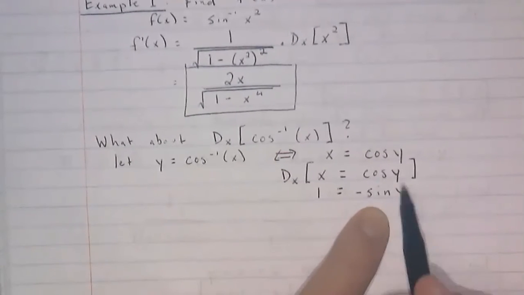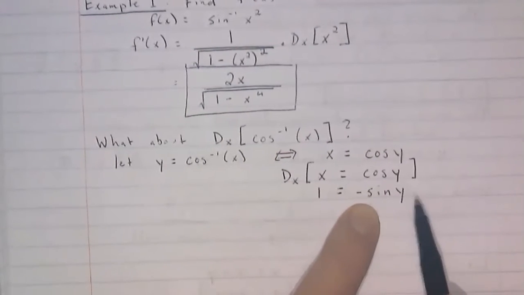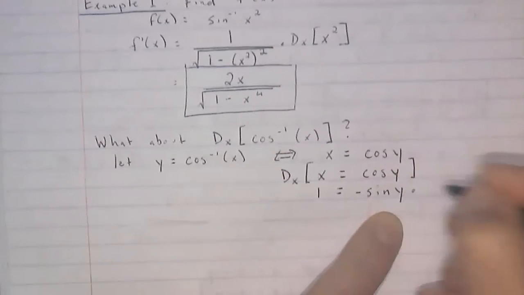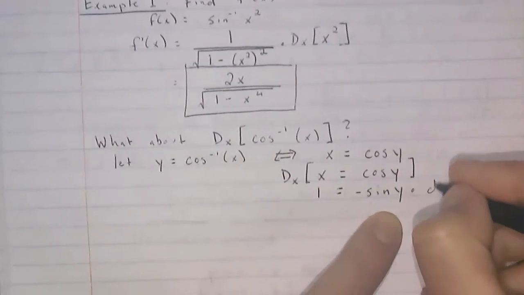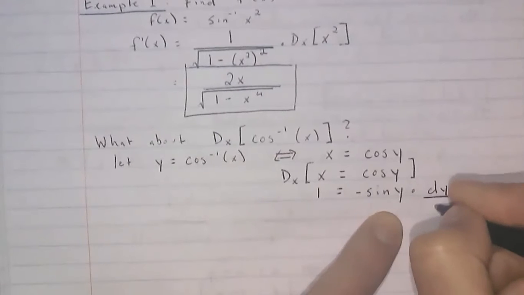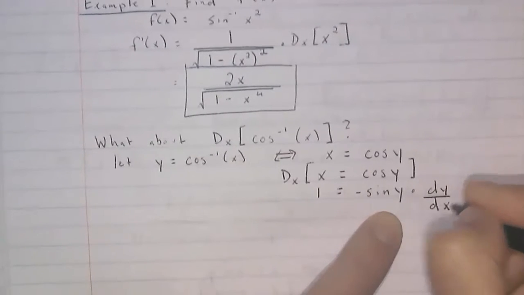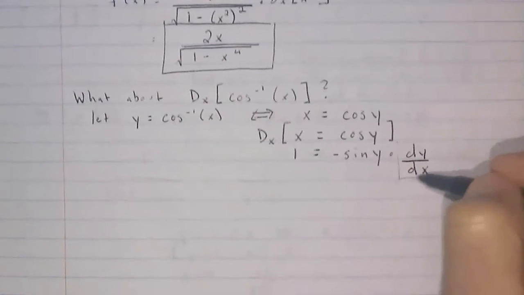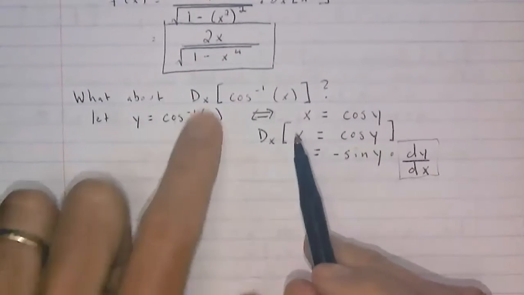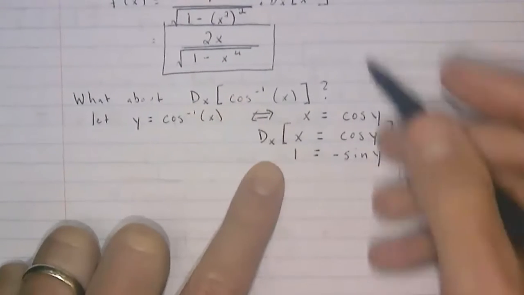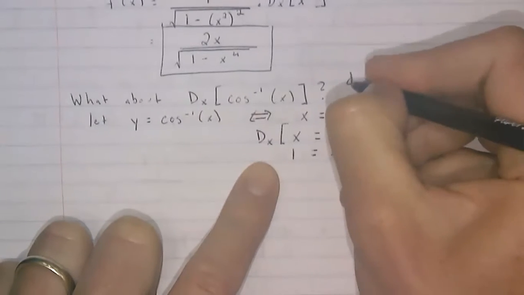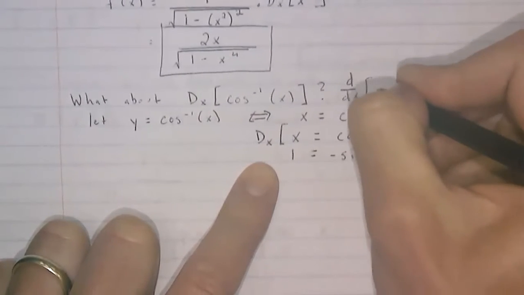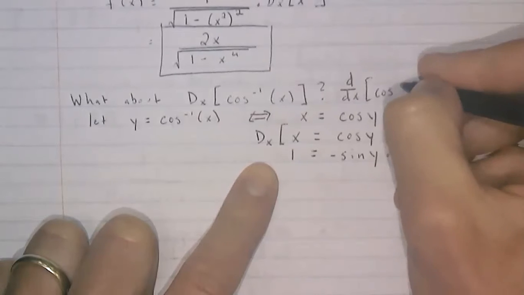And so when we differentiate, this is a composite function, this inner function, we need to use the chain rule to break out dy dx. This is what we're after. And what about d dx of this is the same thing as d dx of cosine of x.